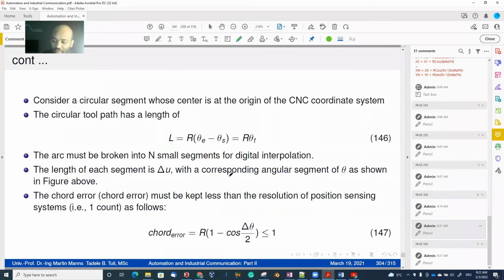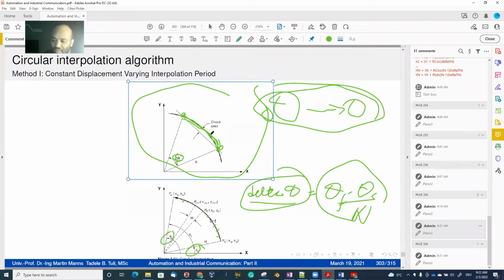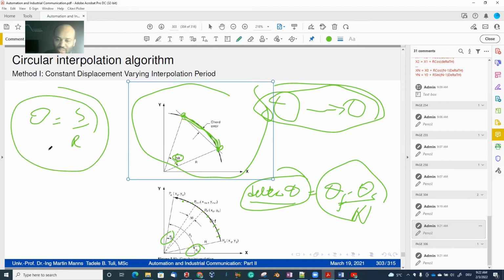In principle, from your mathematics, you know the chord length and arc length formula from old school: arc length divided by radius gives theta.